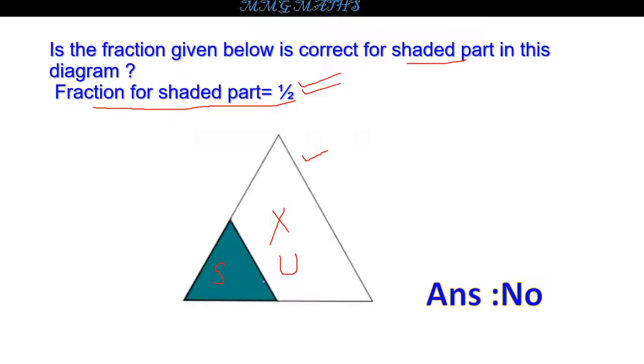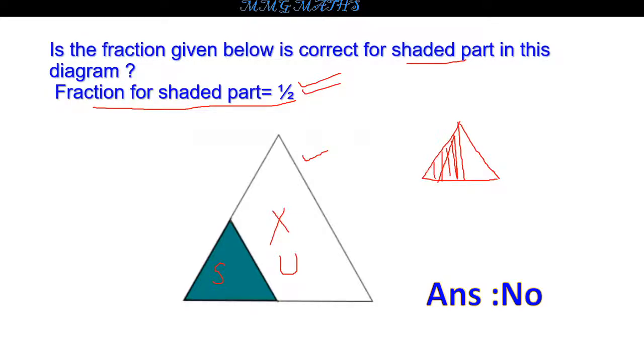So in the starting I have told you that the object or the picture should be divided into equal parts. Okay, so here you can see, if this triangle is in this way, and look here, I am making one triangle, and if it is divided from here, then you can say yes, the fraction for the shaded part is half.